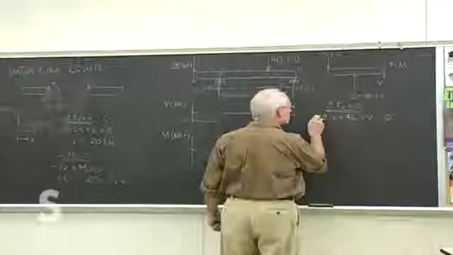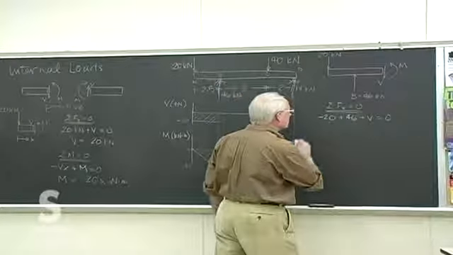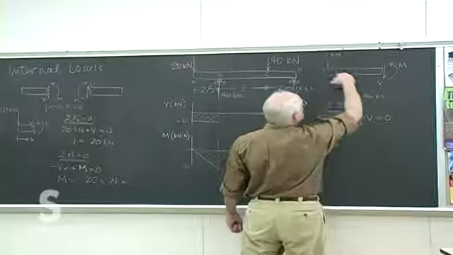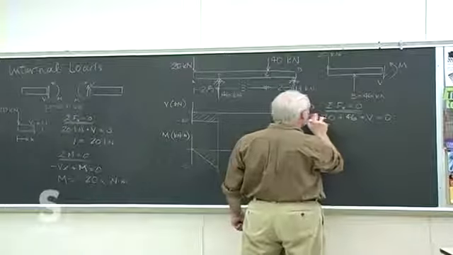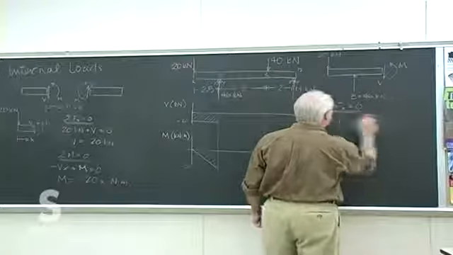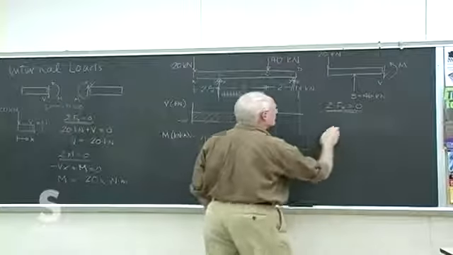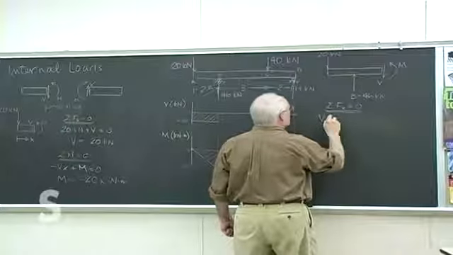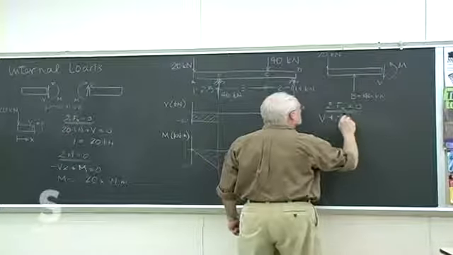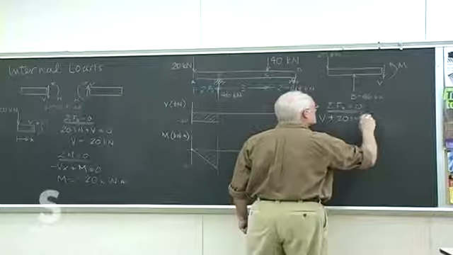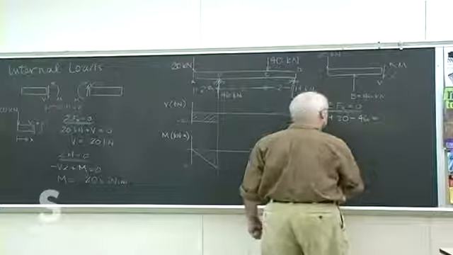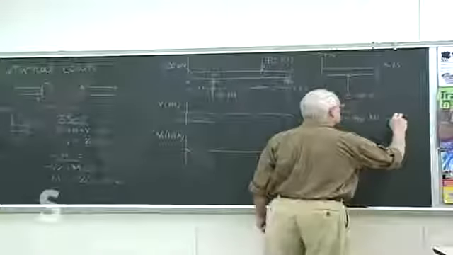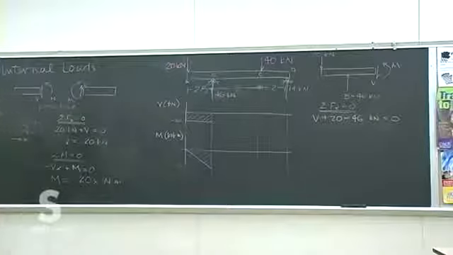We'll start with the V. We know that's positive. V, let's see, the 20's in the same direction, the 46 is in the opposite direction. That's all for kilonewtons. Let's see if that works out. Maybe it's better the way we did it before.